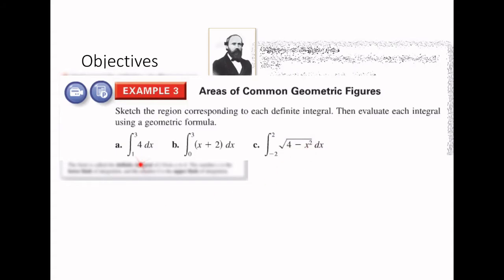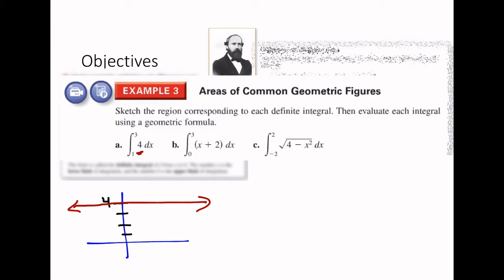So what is the area between the graph of that function and the x-axis? So that means I want to graph the function. If I want to graph y equals 4, then that is just a horizontal line through 4. So that's that as a function.